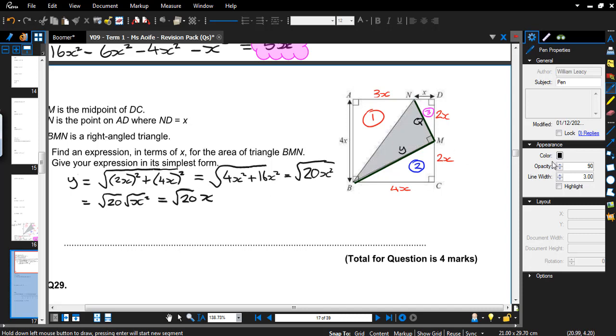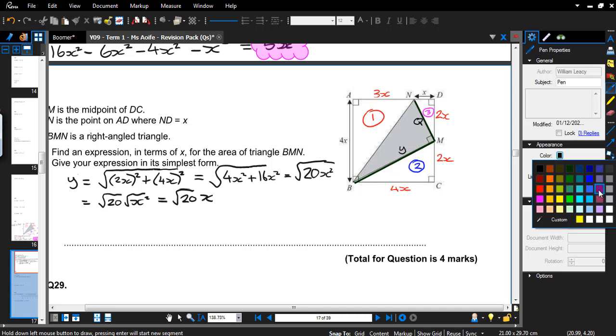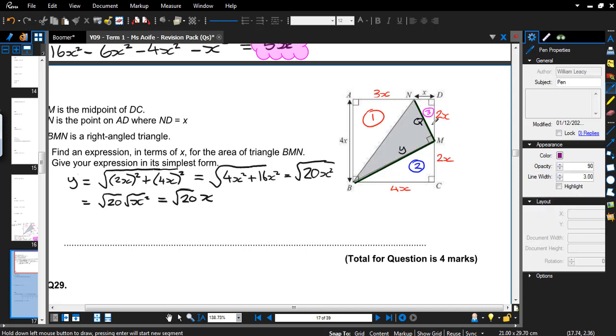Now let's get Q. The sides of this little triangle are x and 2x. So we know Q is the hypotenuse of this little triangle. So we know Q equals the square root of x squared plus (2x) squared. It's Pythagoras' theorem. We don't need brackets for x squared because there's no number, plus (2x) squared.